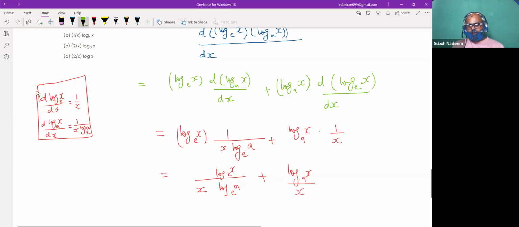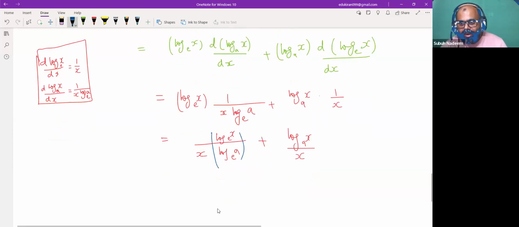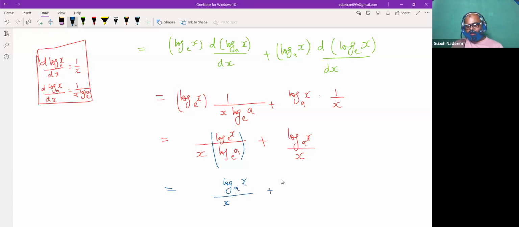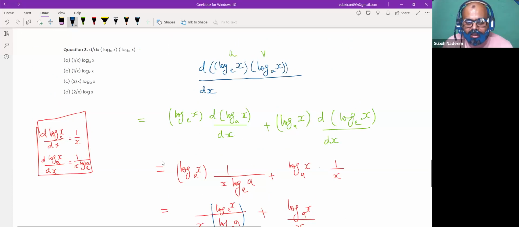Now the property of log, if you remember, we can use here, and we can say that log of x to the base e by log of a to the base e is actually log of x to the base a, and upon x is there. The other one is also log x to the base a by x. So both become the same. So 2 log x to the base a upon x. This is the answer which we will get. So 2 log x to the base a upon x, which means option C.